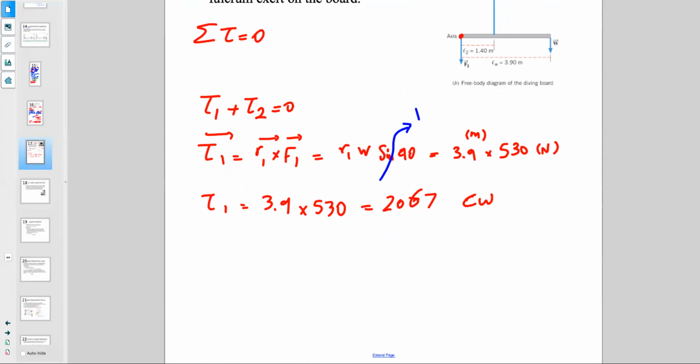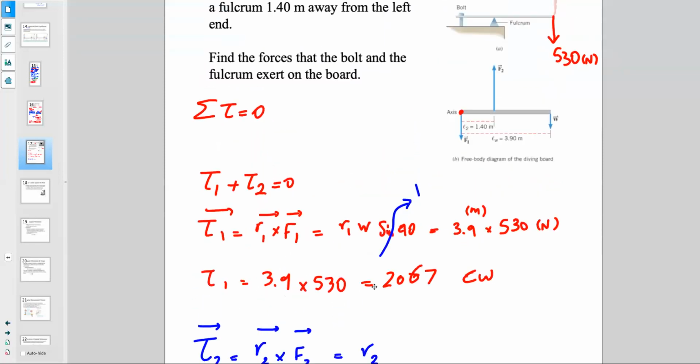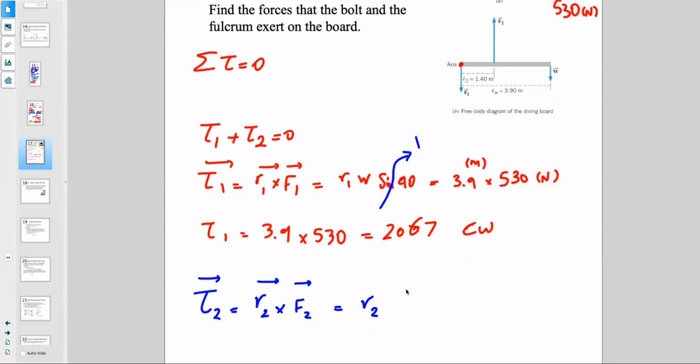Let's get tau 2 as well. Tau 2 is R2 times F2, and the sine of the angle between them, which is sine of 90 degrees. We know the sine of 90 is just 1.